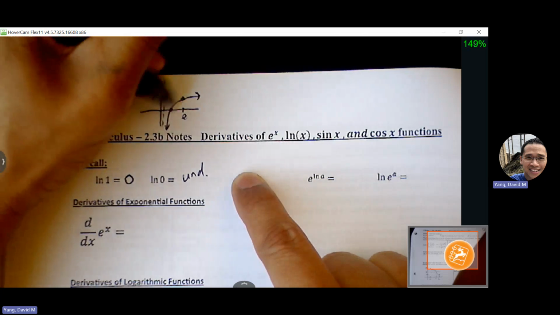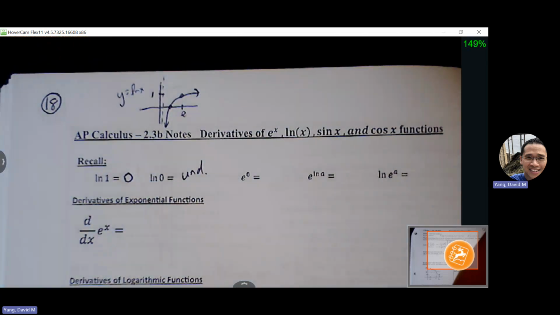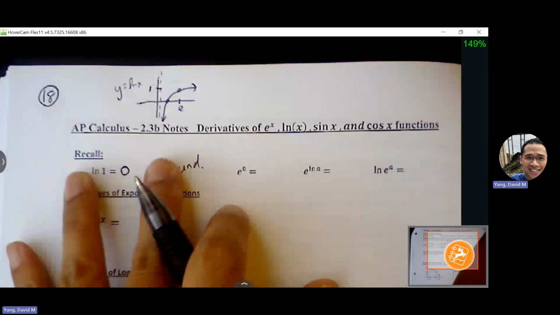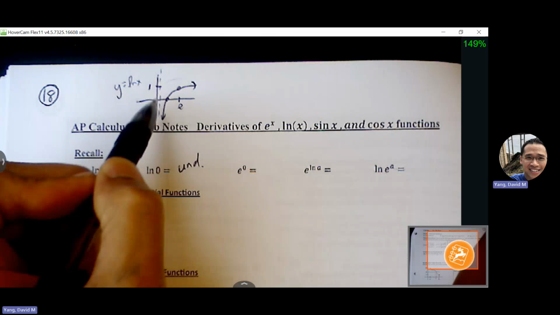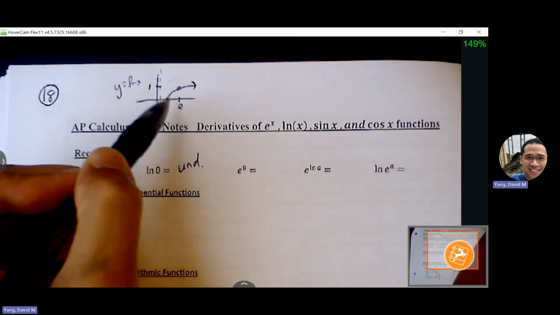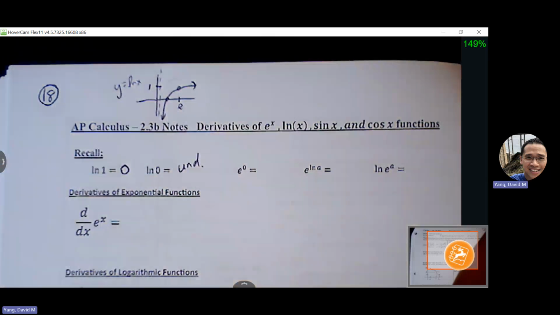So having just those 3 pieces of information can really help us approximate values on a natural log function. And these are also just important values that we should know.